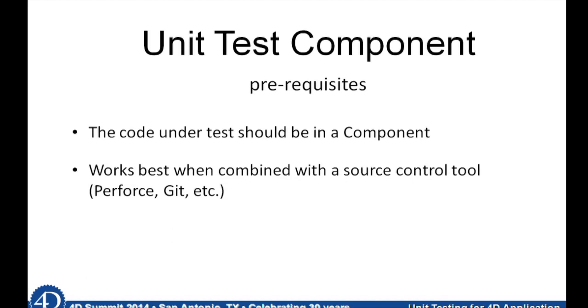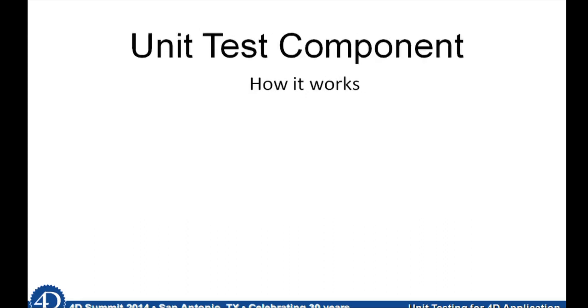It works best when combined with a source control, but you don't have to. Since we're exporting everything to text, the structure and the code as well, as you will see, we're going to export all the unit test code that you define in 4D methods into a text file.